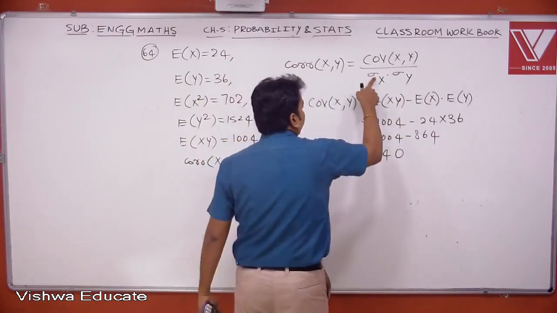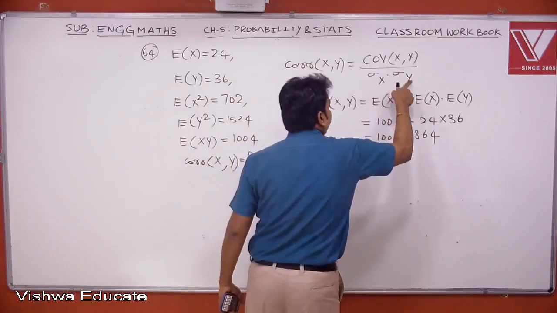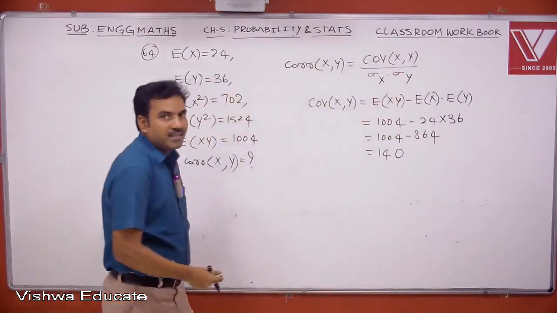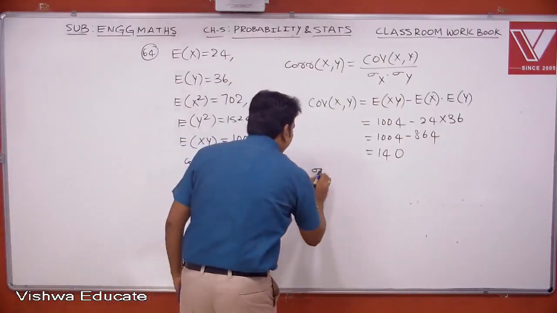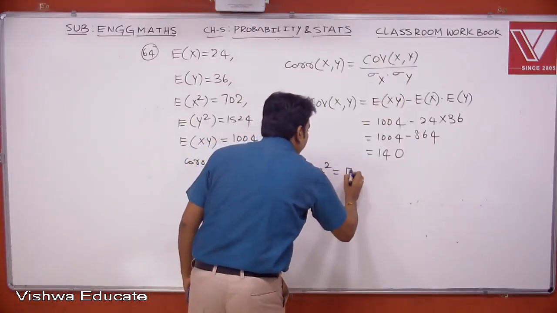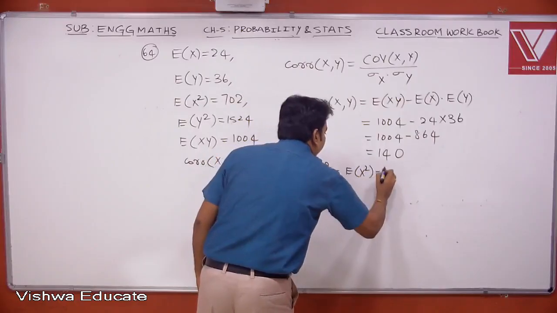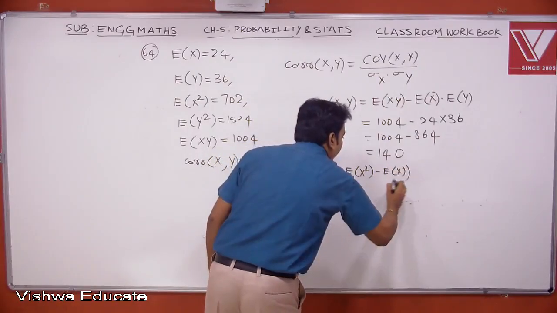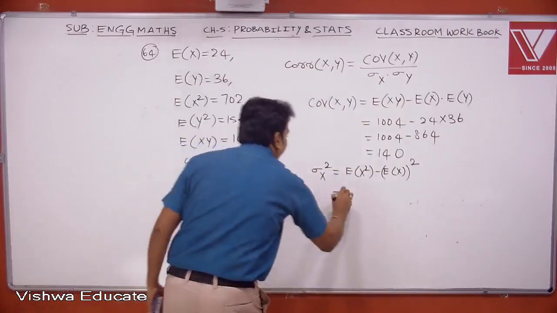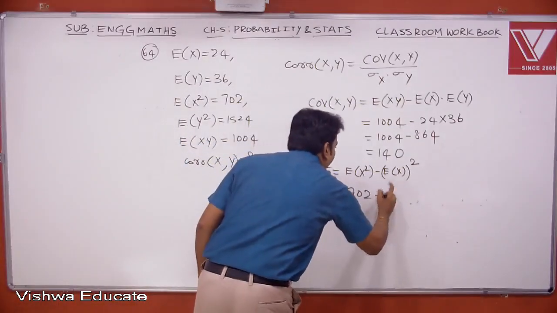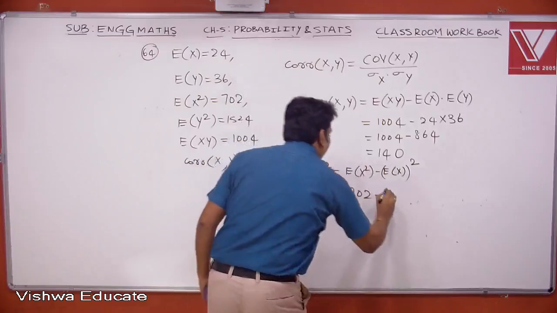Now, after this, I need to find the standard deviation of x and the standard deviation of y. To get the standard deviation, at first I should know the variance. So variance sigma x square is E of x square minus E of x whole square. Now, what is this E of x square? It is 702 minus E of x, which is 24.